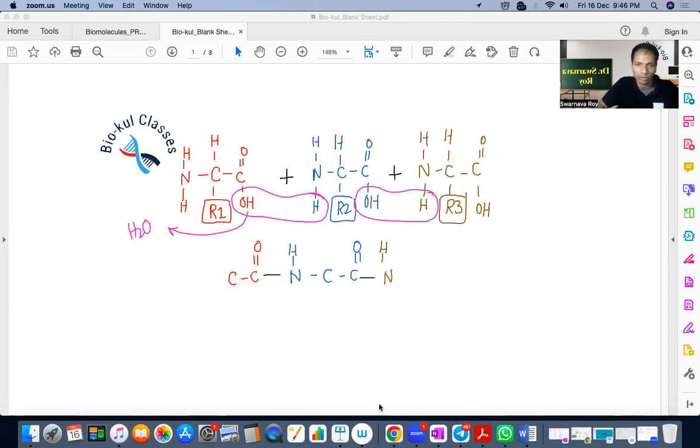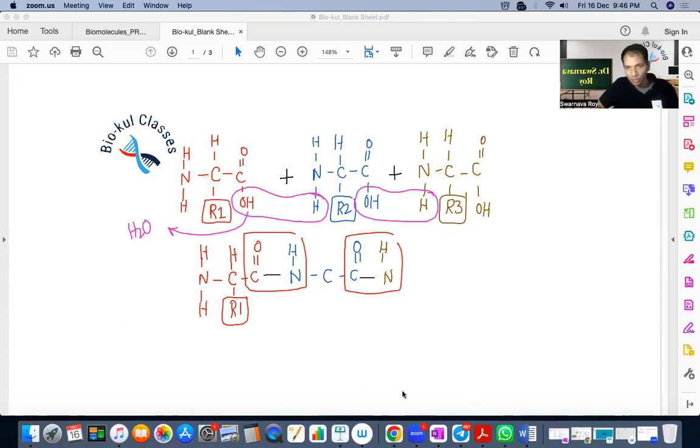And we can draw the rest of the protein like that. This is obviously the R1 group. This is the H group. And this is the peptide bond formed here. This is the peptide bond formed here.